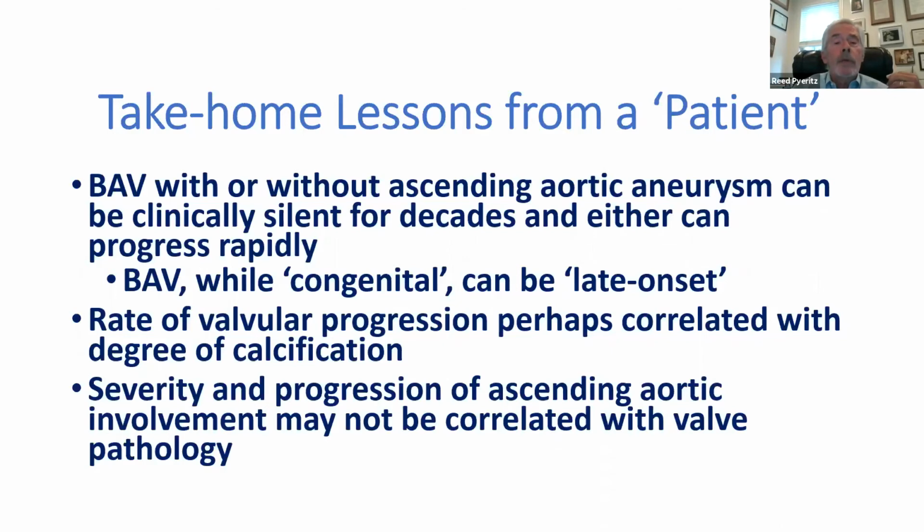And moreover, the severity and progression of the aneurysm of the ascending aorta, if indeed someone has enlargement of the ascending aorta, itself may not correlate with the degree of leakage or constriction of the aortic valve. And in fact, there are people who have what we would call a normal bicuspid valve, it's not misbehaving in any way, who nonetheless have an aneurysm of the ascending aorta.